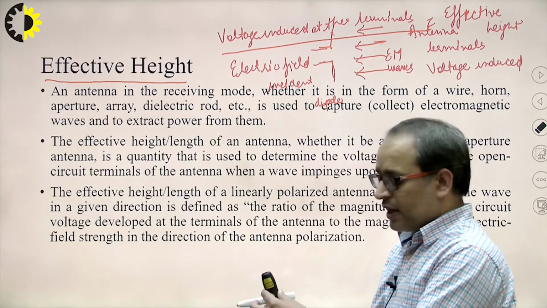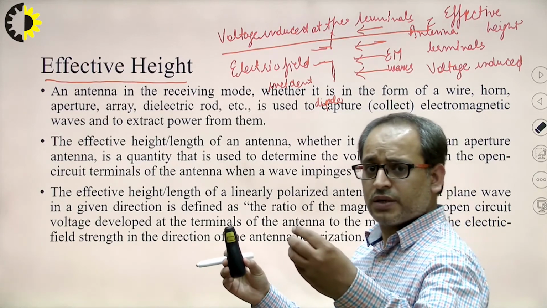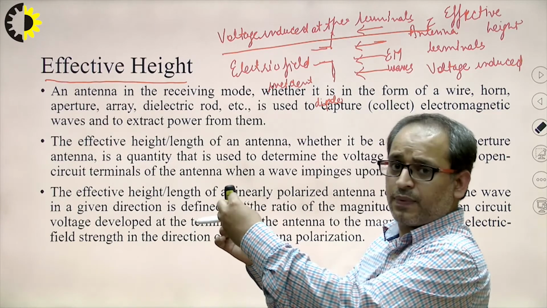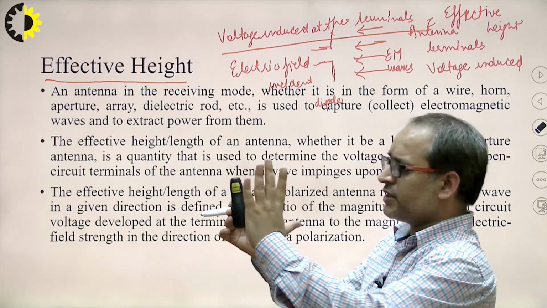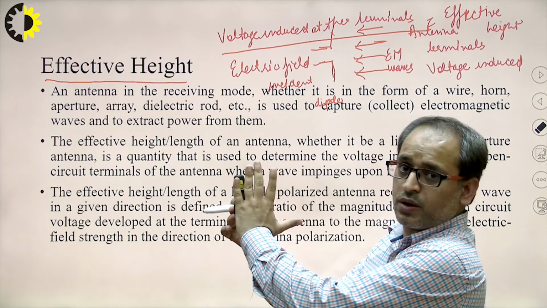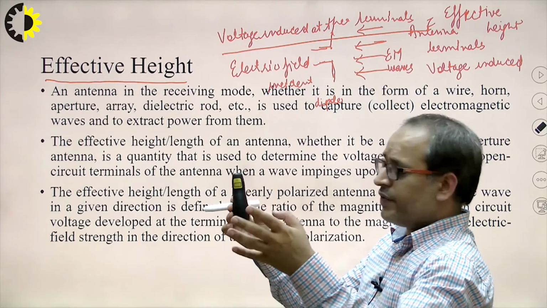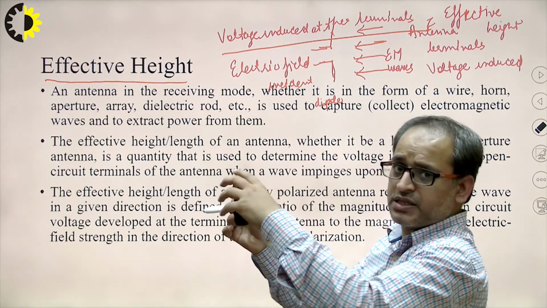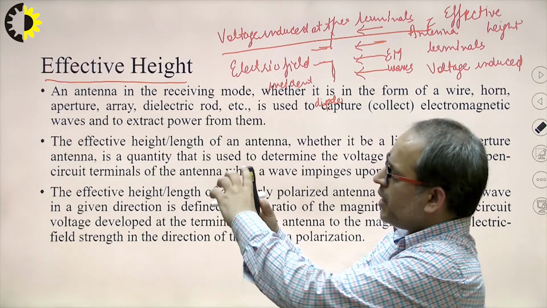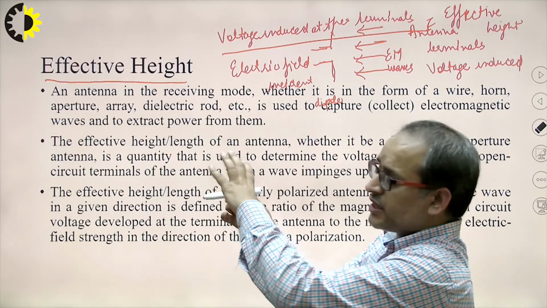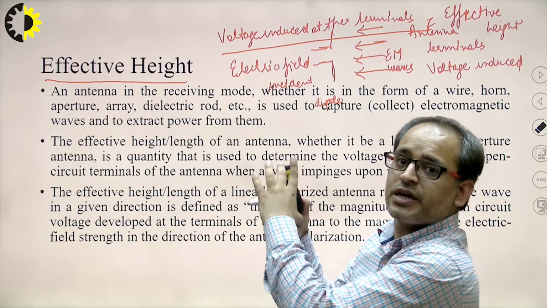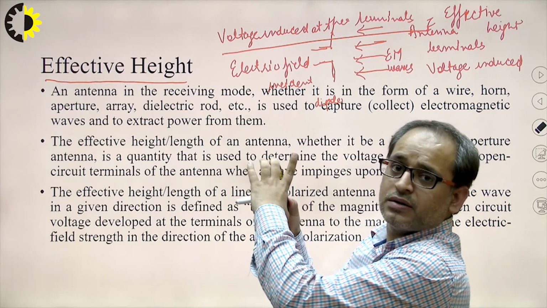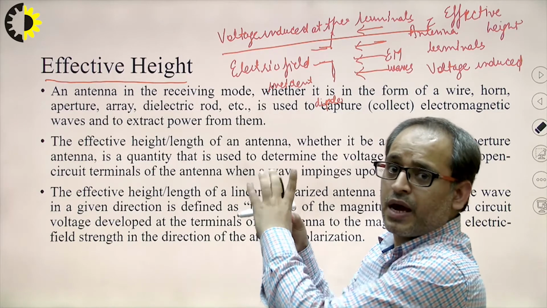So now the EM waves are incident on this antenna. When EM waves are incident on this antenna, it means the electric field is incident on it. Clear? Now when these EM waves are incident on this antenna, some voltage will be generated at the antenna terminals. Clear?